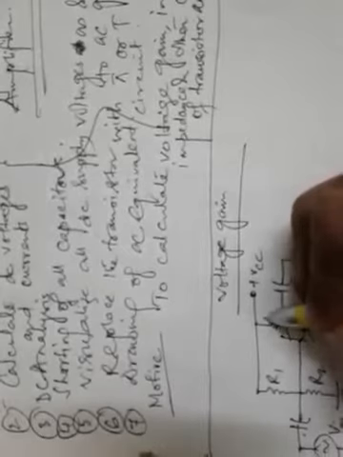This is the input source, V in, these two are coupling capacitors, this is a bypass capacitor, R1, R2, VCC, all making the voltage divider bias for this amplifier. This is RC, this is load resistance RL and this is RE. You are now very familiar with this circuit.